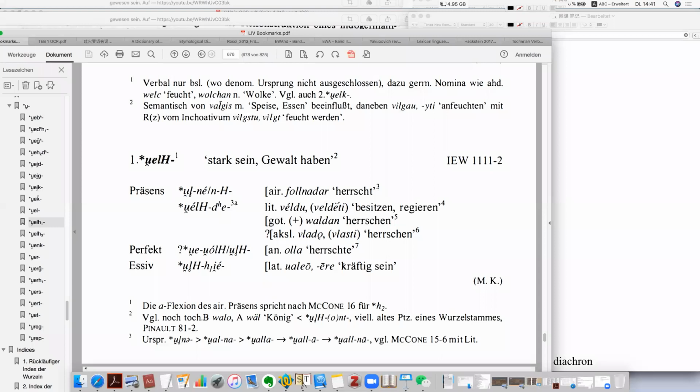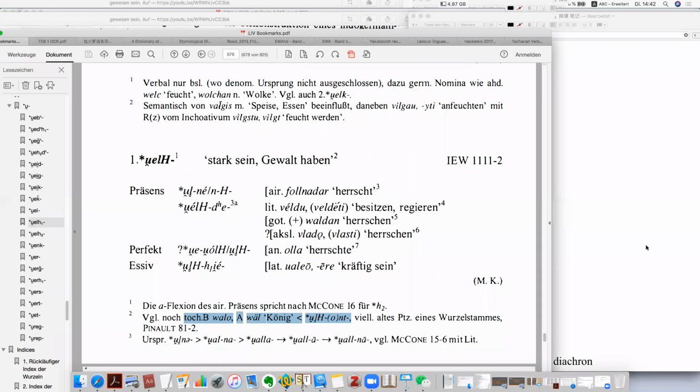I think it's related to the English word valence, right? Yeah, valent, probably. And the original root is to be strong and to have the power. And then it is the origin of the Tocharian word for king. The king is someone who has power. This is actually the etymology of the king word.